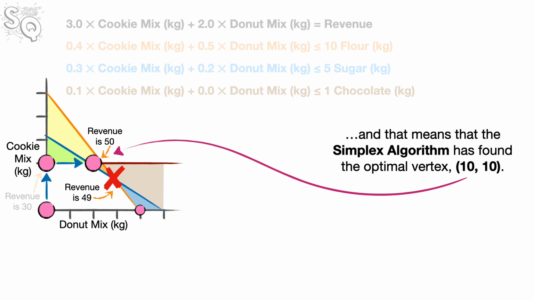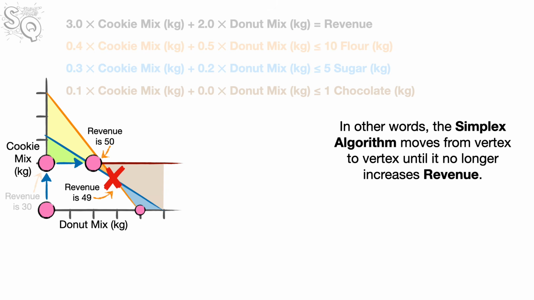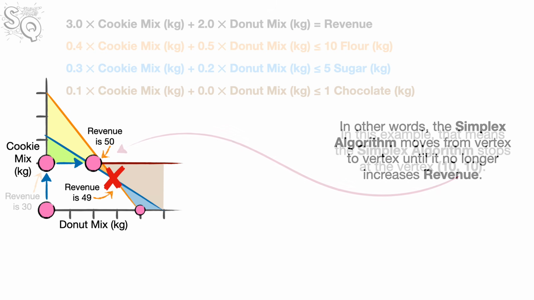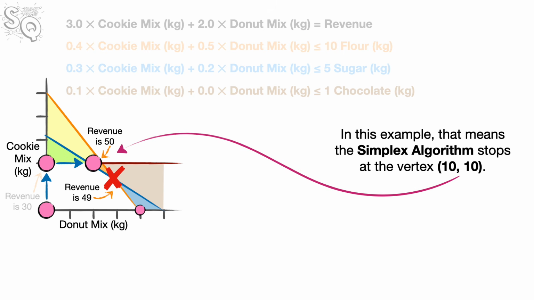And that means that the simplex algorithm has found the optimal vertex, 10, 10. In other words, the simplex algorithm moves from vertex to vertex until it no longer increases revenue. In this example, that means the simplex algorithm stops at the vertex 10, 10.